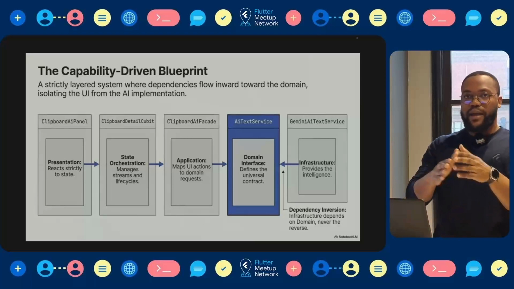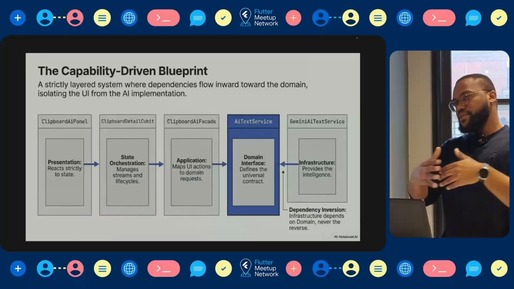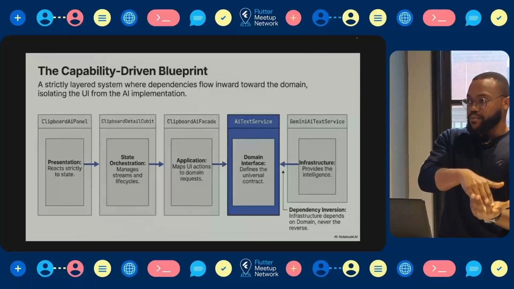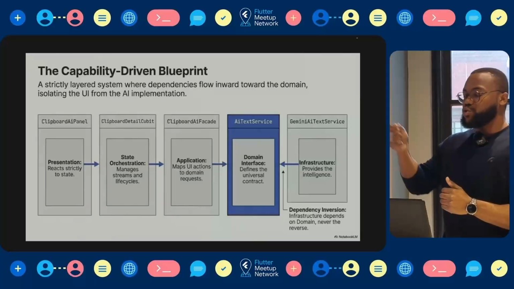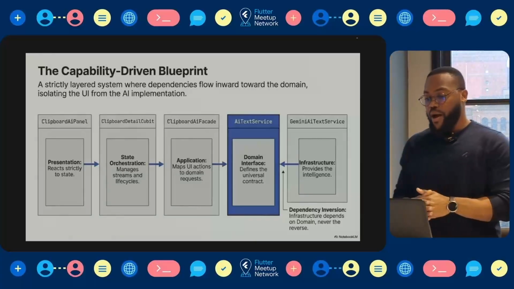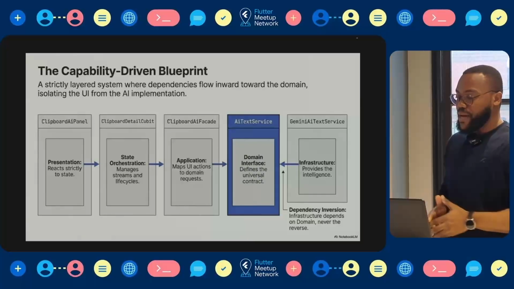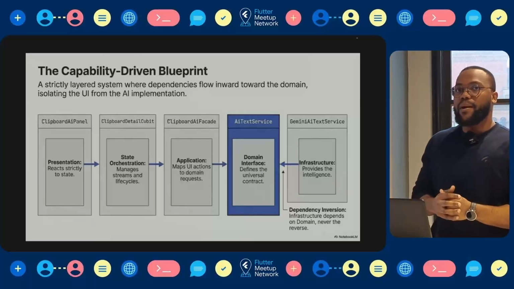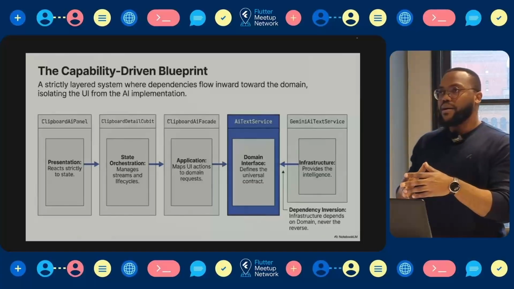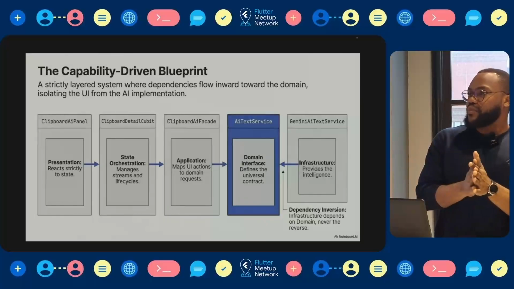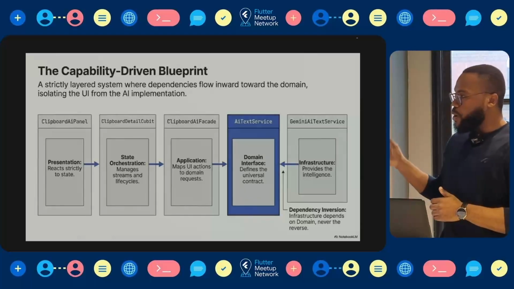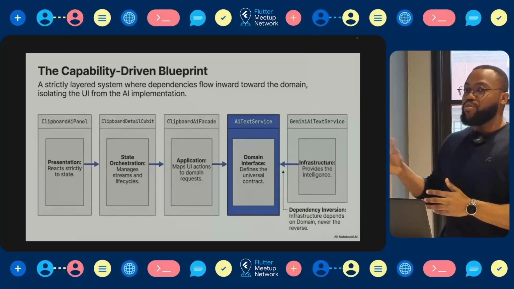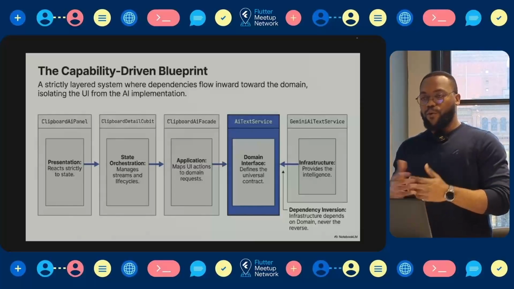Now I have a clipboard AI facade. The facade maps the intent from the user to an AI action. Now I have an AI test service that creates a kind of strict boundary, and it creates a contract that all my LLM providers should follow, should implement.